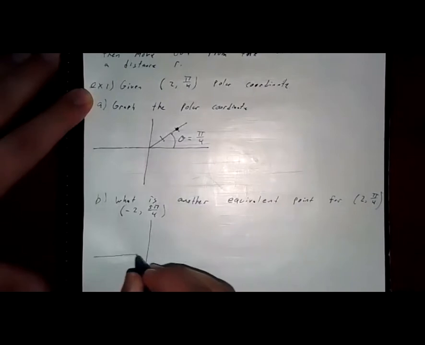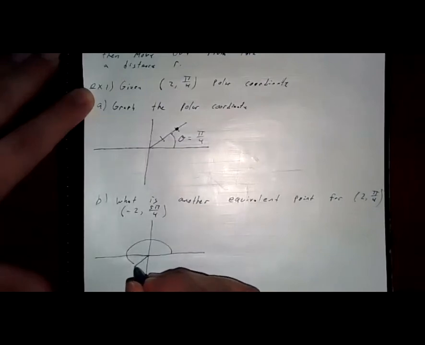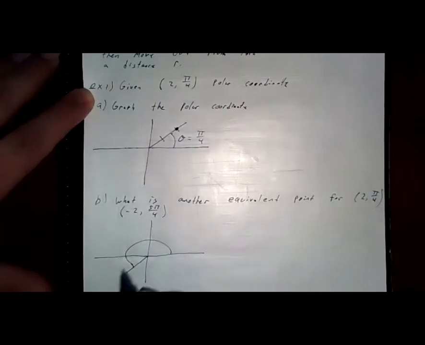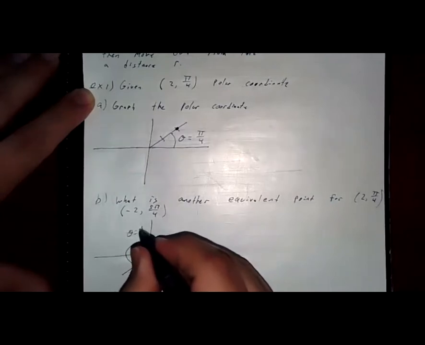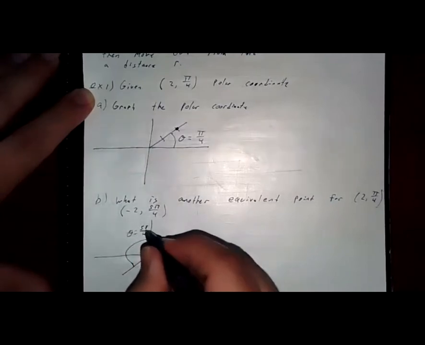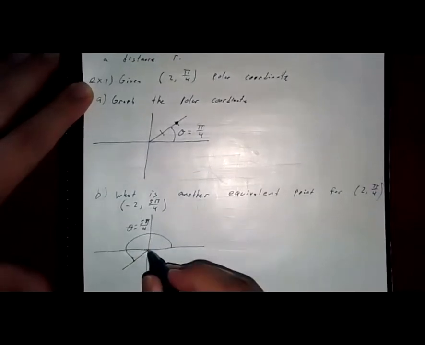So basically, we would come out all the way to this angle here, which would be a theta of 5 pi fourths, right? But remember, we're not actually here. We're in the center.